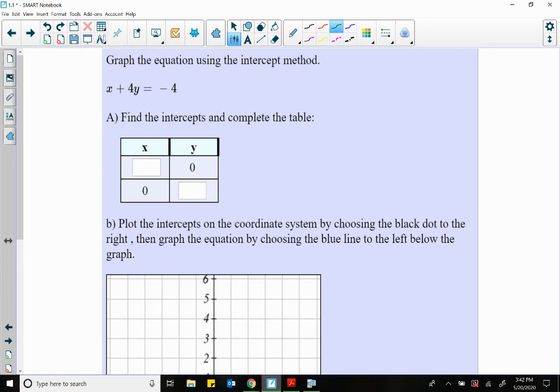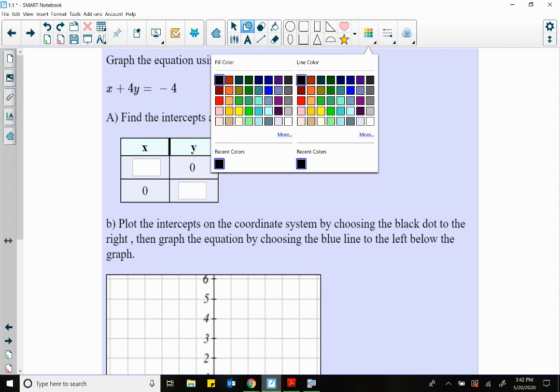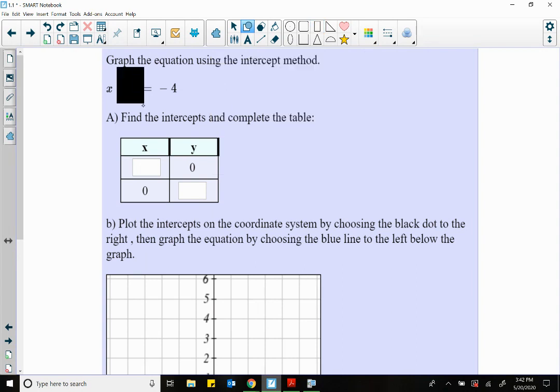All right, so just like before, you're going to find the intercepts. That part hasn't changed because this is the information you're going to use to graph. So we're going to find the x-intercept, which makes it pretty easy because you get x equal to -4 when you cover up the y. So the x value is -4. It's a horrible 4. Let's fix that.